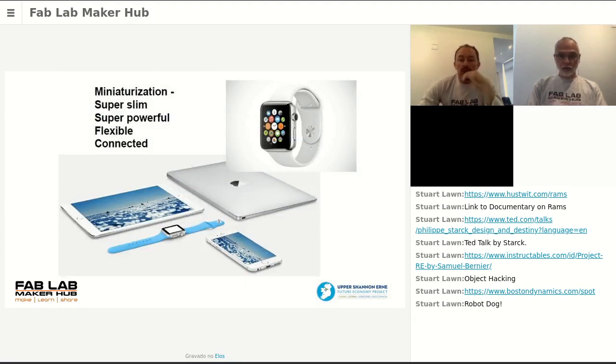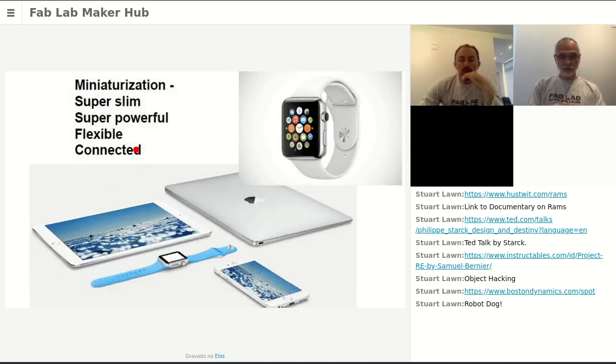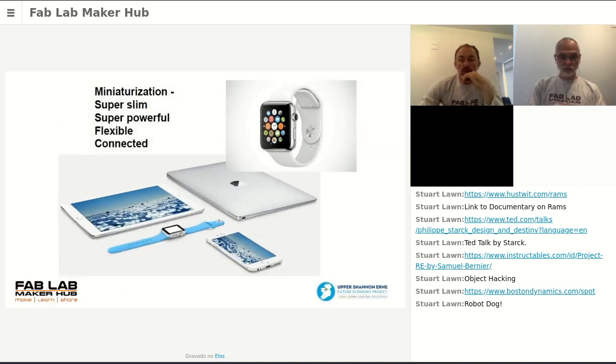Apple are obviously one to note from a product design perspective. Just some aspects of what they do. They create super powerful, very minimal, very flexible and very connected products. They are the success story that they are for a reason.